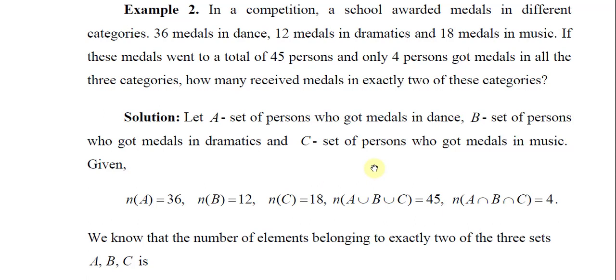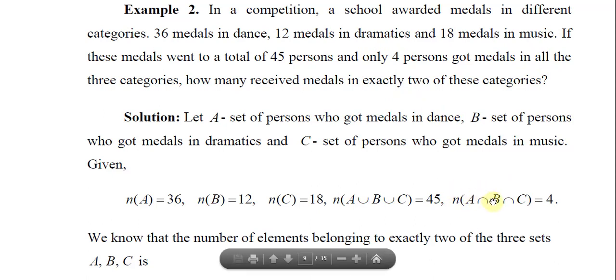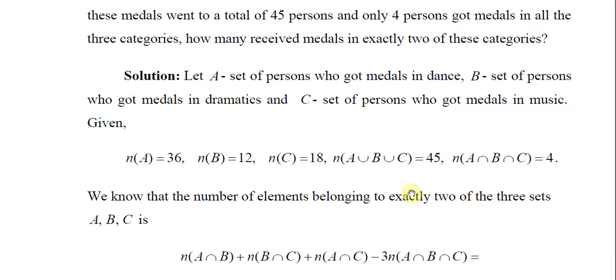Then the total number of persons, n(A union B union C), is 45. And the number of persons who got medals in three categories is 4. So it means n(A intersection B intersection C) is 4.